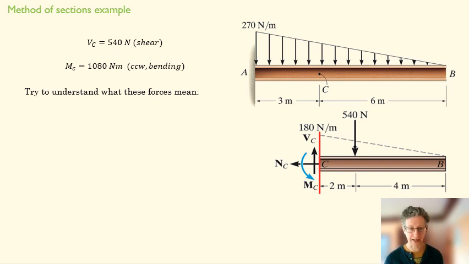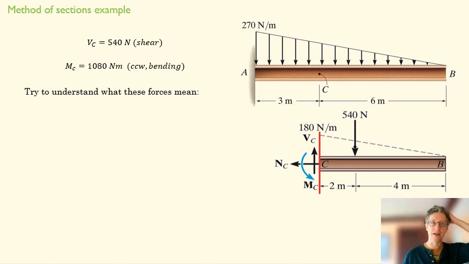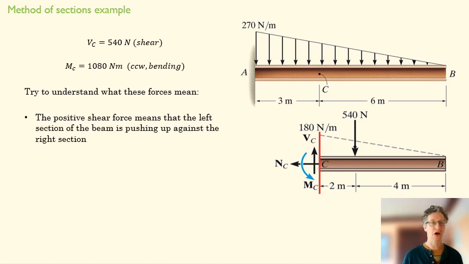So let's take a second to see if we can understand what these two resultant forces mean. The positive shear force is the force that the left side of this beam is applying to the right side of the beam to hold it up. The applied force is pushing it down, and the shear force is pushing it up, right? So it's like that support force.